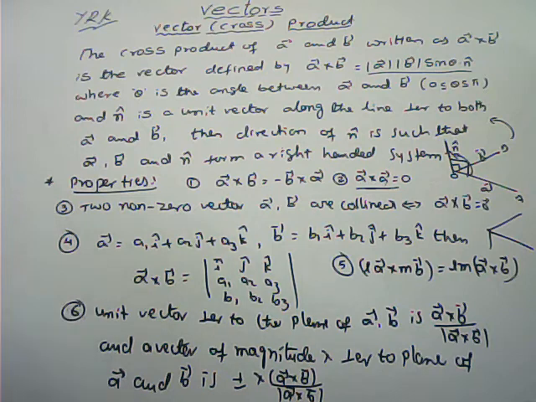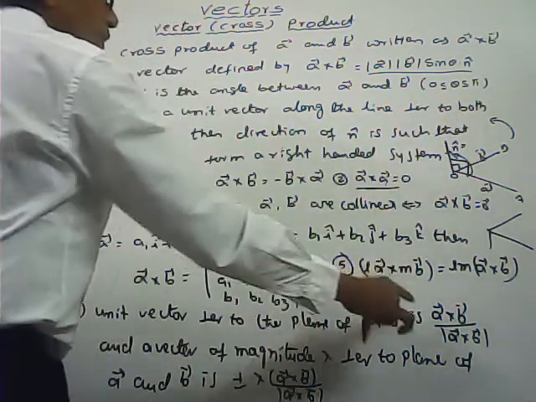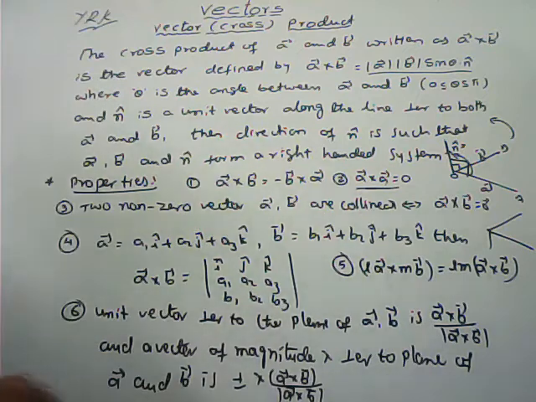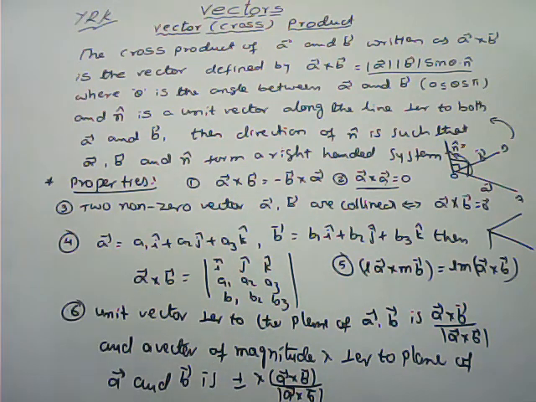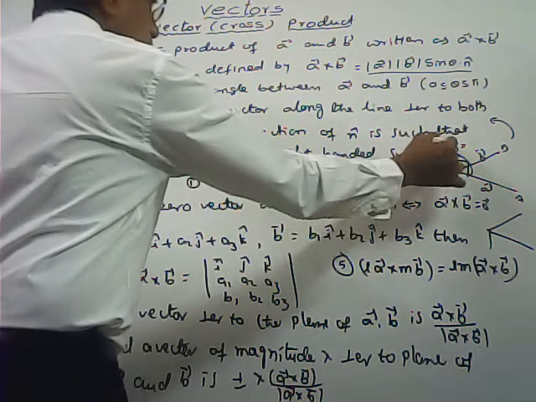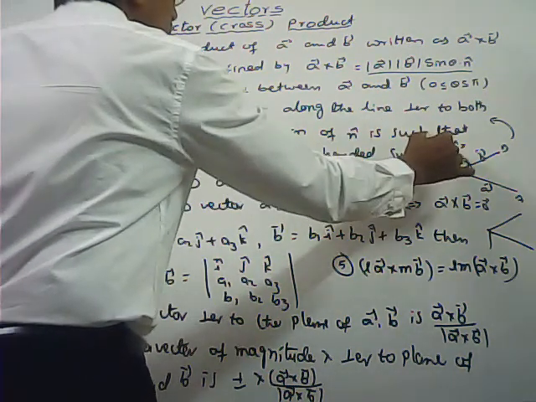The unit vector perpendicular to the plane of A bar and B bar, the unit vector n cap, is equal to A bar cross B bar by modulus of A bar cross B bar. And if they ask for a vector of magnitude lambda perpendicular to the plane of A bar and B bar, first you can find the unit vector, and it is multiplied by lambda.